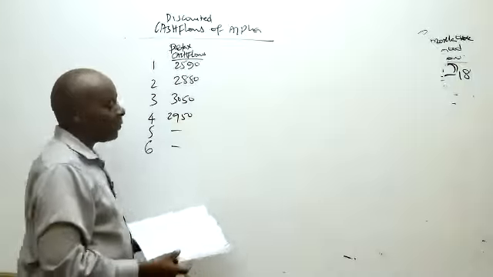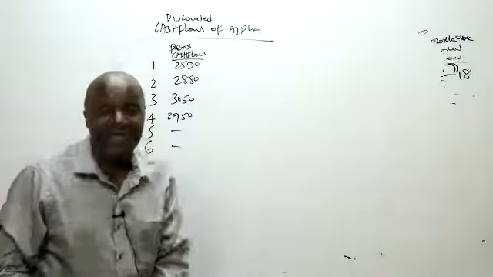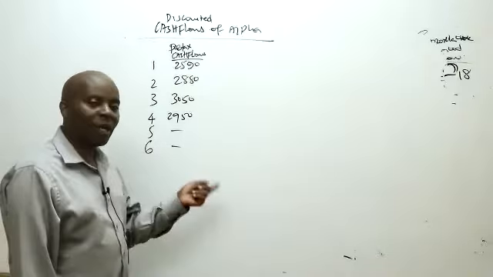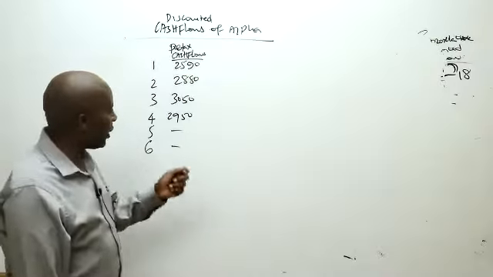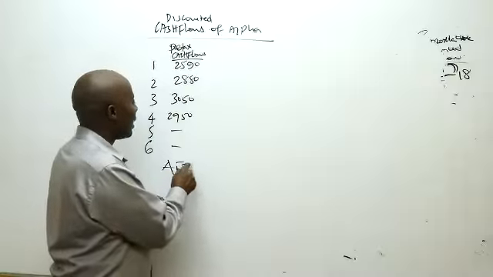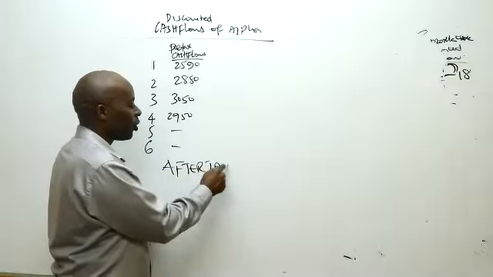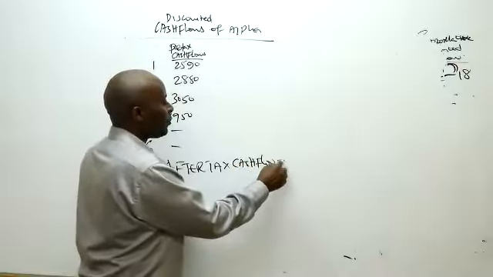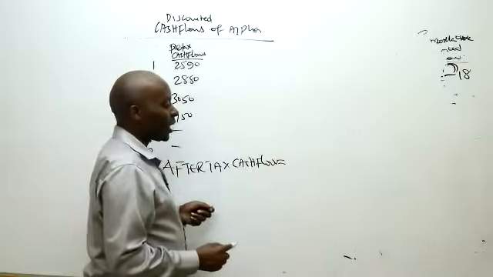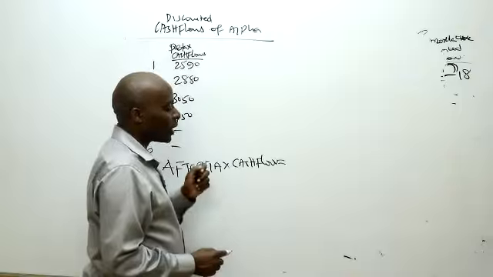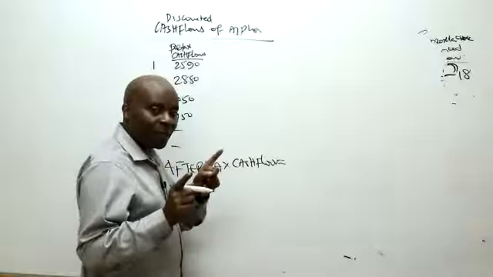Now, ladies and gentlemen, whenever you are given a pre-tax cash flow, your life becomes very easy. What you're supposed to come and give us is the after-tax cash flow. How do I get this after-tax cash flow? There are no major adjustments you should ever do.